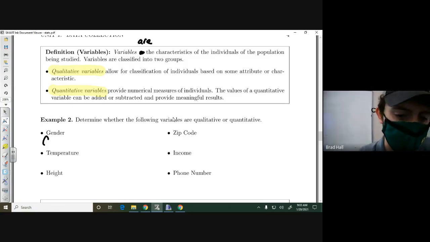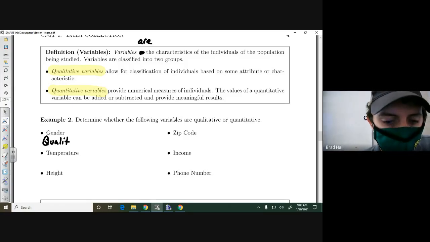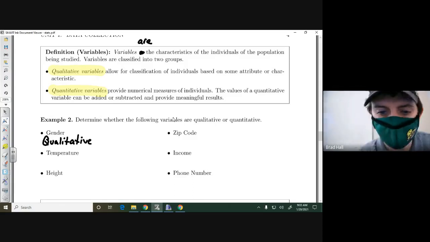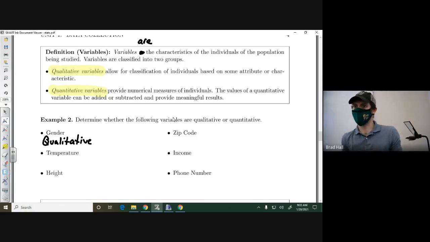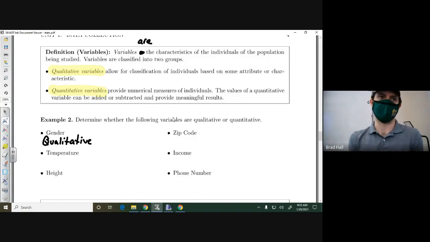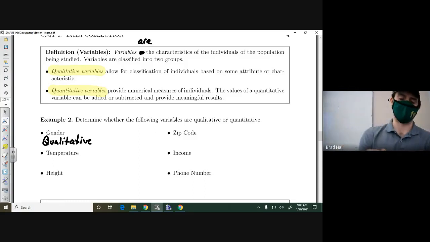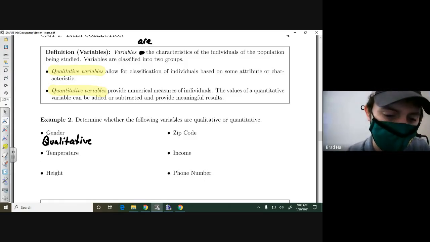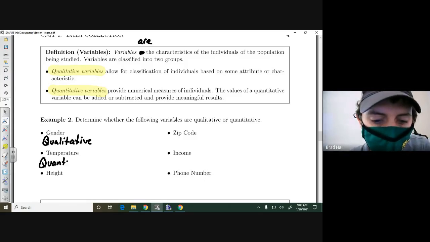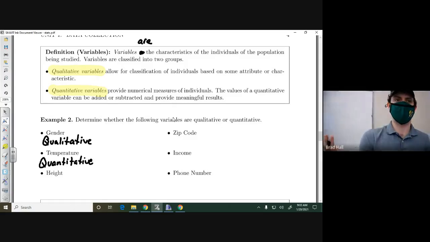Temperature, quantitative. Temperature 98.6, or you have a fever of over 100 degrees. I know that's definitely bad. That's quantitative. Height, that one's obviously quantitative.